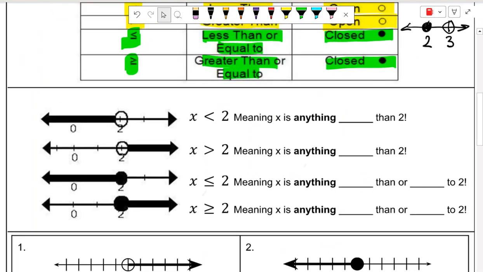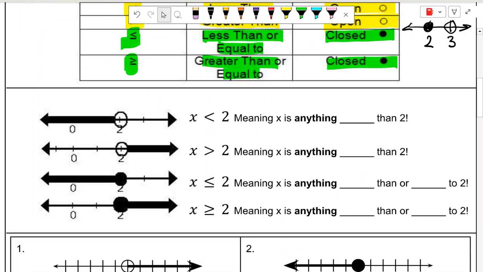So coming down to your next part of your notes, this is a nice number line, and it's saying that it starts at 2 and is an open circle, but it does not include 2. So it says x is anything less than 2, and you can see this big thick bar down here. Anything that is lower than 2 is good to go.